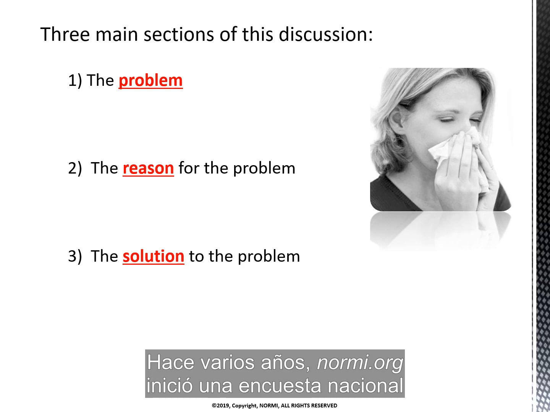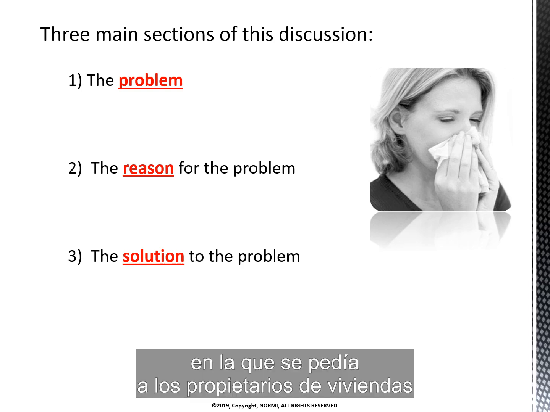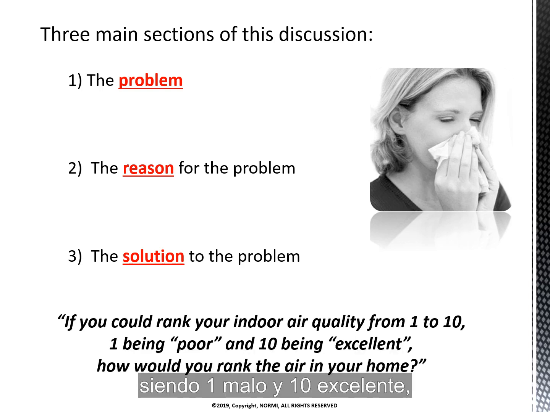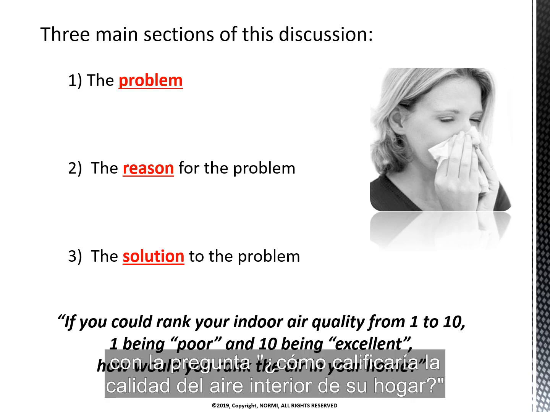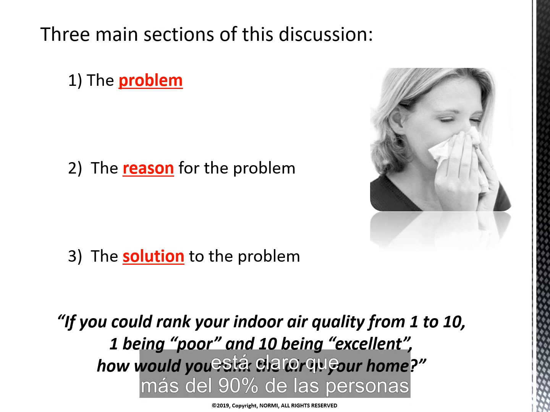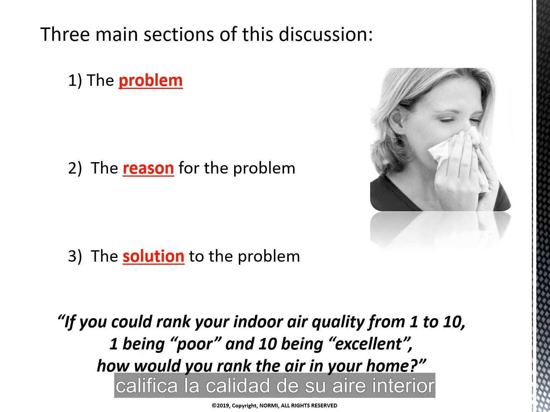Several years ago, NORMI.org started a national survey asking homeowners in particular to rank their indoor air quality from 1 to 10, 1 being poor, 10 being excellent. And so the question, how would you rate the indoor air quality in your home? Now, with several thousand responses, the evidence is clear that most people, in excess of 90%, rank their indoor air quality at a 7 or below.